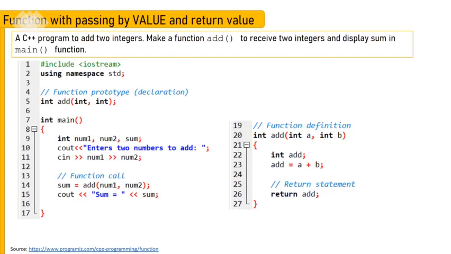We have a main function in line 7 until line 17 and a function definition in line 20 to 27. The function definition's name is add, with int as the function return type, and this function definition has a return statement.